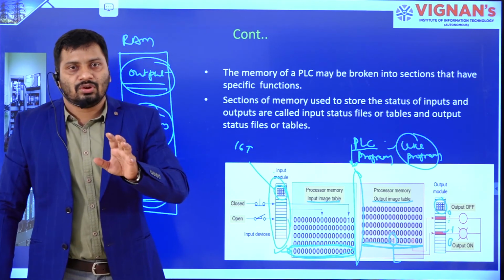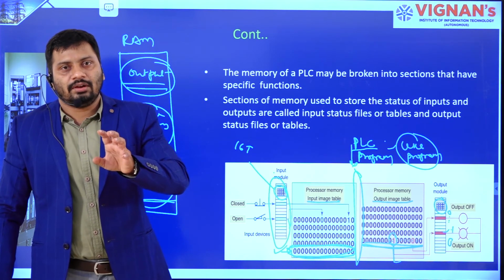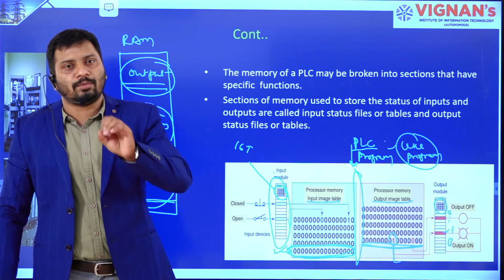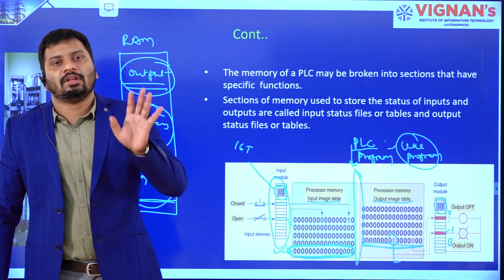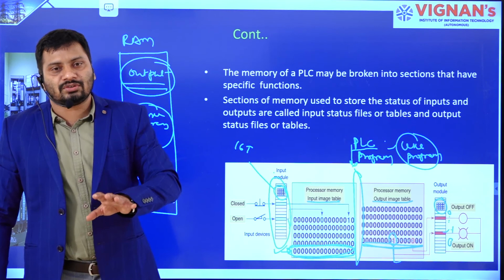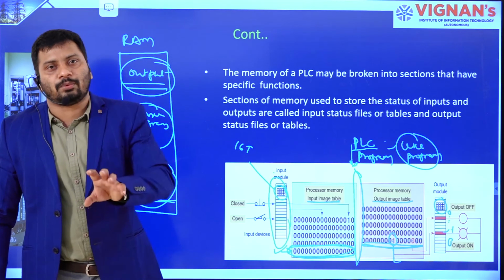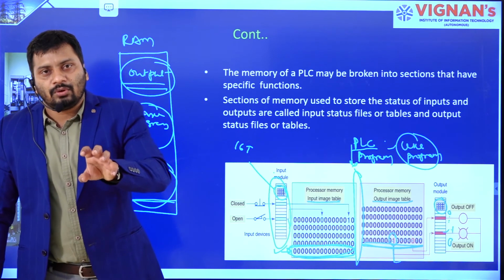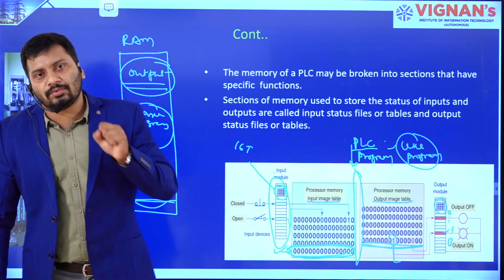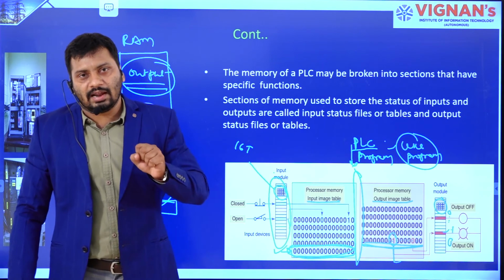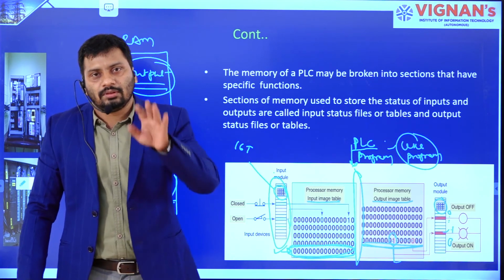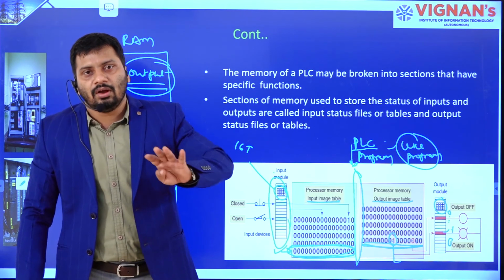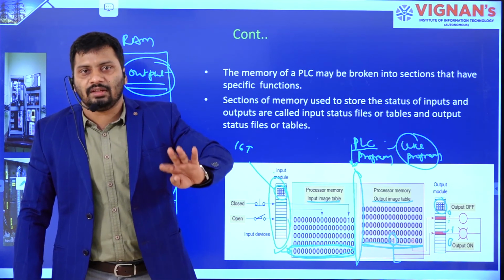In this process, to take the input data, it first looks to the input image block. The input image block is occupied with the input data coming from the input module, right? Then it needs to execute the program. For the program also, the processor looks to the RAM to fetch the program from memory, right? After execution of the program from RAM, it updates the output image block, which is also present in the RAM only.